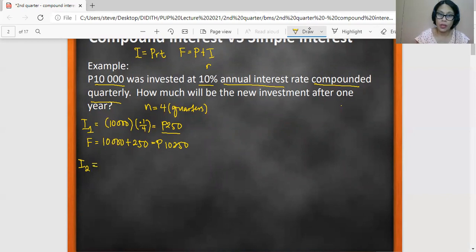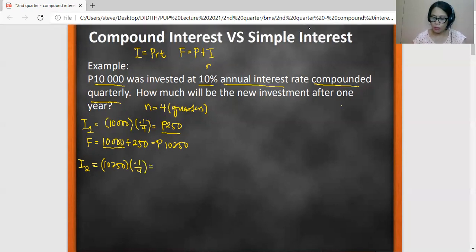So instead of working on the 10,000 here, we now have a new principal amount, and that's 10,250 multiplied by 0.1 divided by n, because we are just going to calculate the interest in one quarter. So we have the interest equals 256 pesos and 25 centavos.